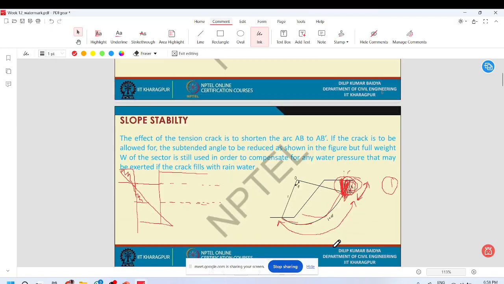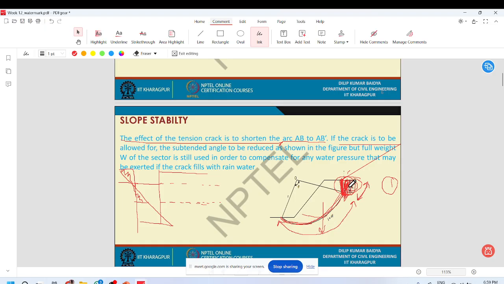The next thing is that the effect of a tension crack is to shorten the arc. If the crack is to be allowed for, the subtended angle is to be reduced as shown in the figure. Usually we could also decrease the weight of this wedge, because now it is not participating in the resistance here.